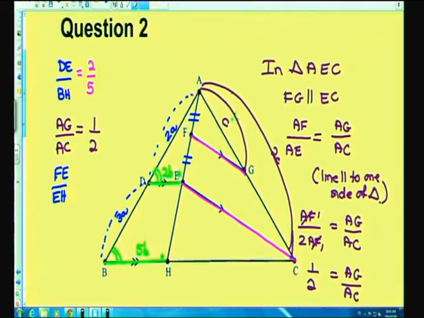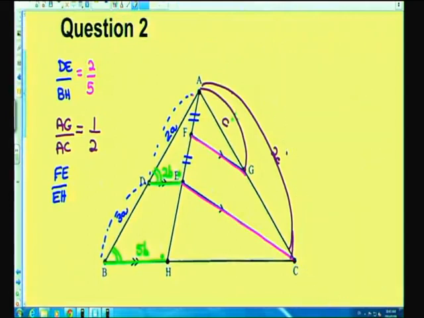FE to EH. Right, let's just get some space here. Right, we've got plenty of room there. And let's just change the color of our pen so it's clear we're not working with the same things.